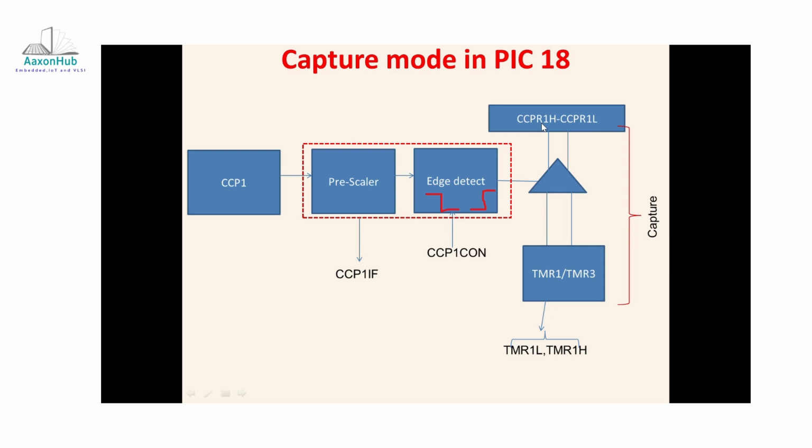For every falling edge, every rising edge, every 4th rising edge, or every 16th rising edge, the timer value will get copied into the CCPR1 register.